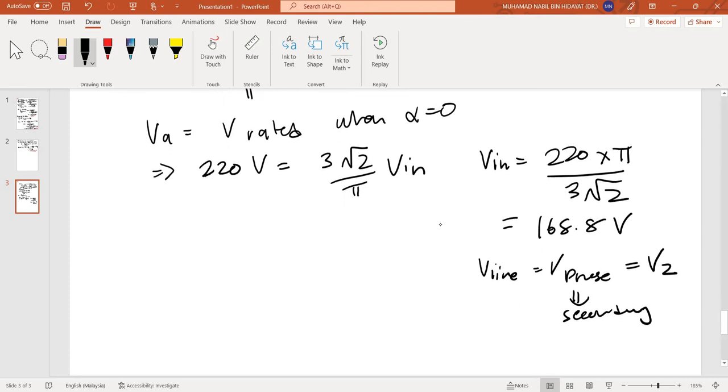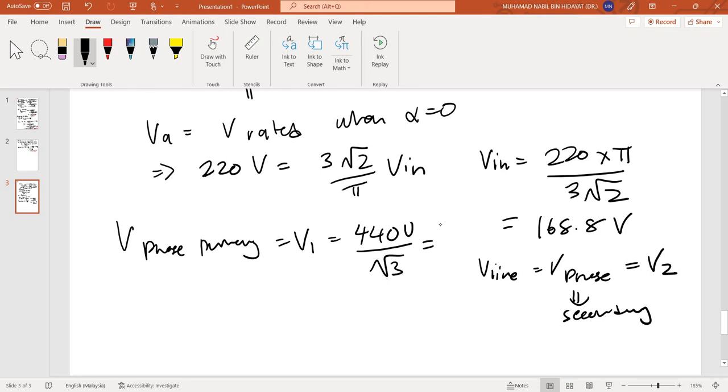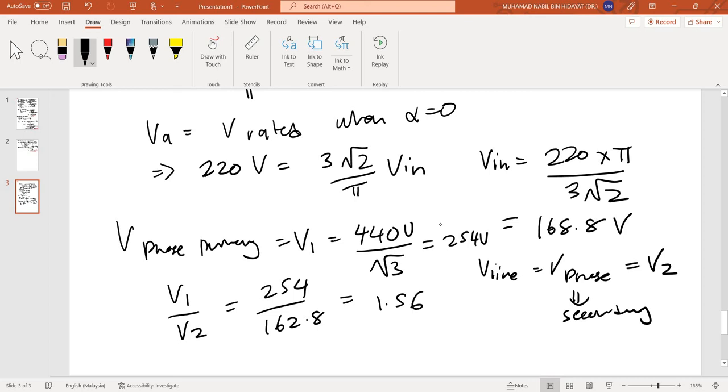So for V phase primary, V1 is 440 volt over root 3, which is 254 volt. So V1 over V2 is 254 over 168.8. So the ratio is 1.56.